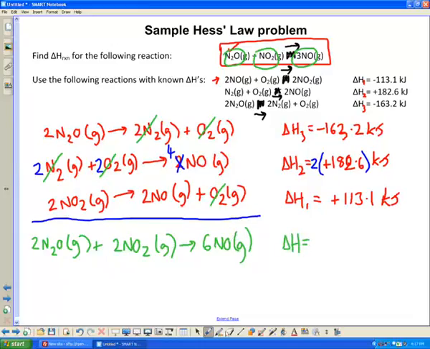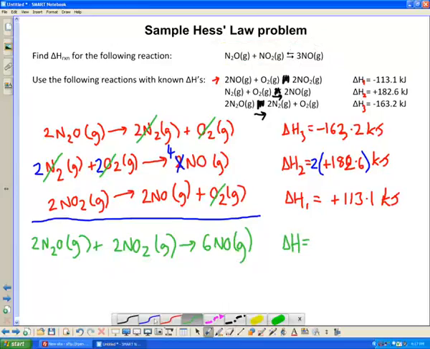You can clearly see that the numbers that we have here do not match the ones we have in the overall reaction, but they're present in the same ratio, 1 to 1 to 3, 2 to 2 to 6, or 1 to 1 to 3. We're going to add all these up first and then do the last manipulation we have to do.